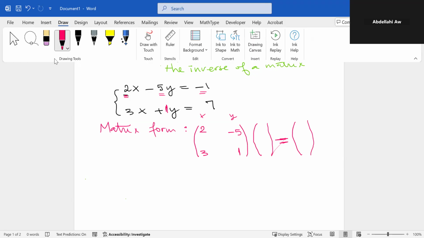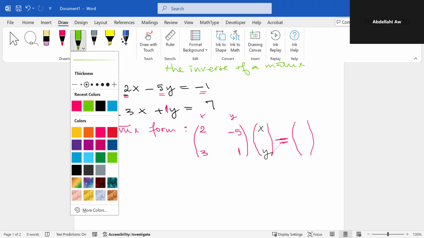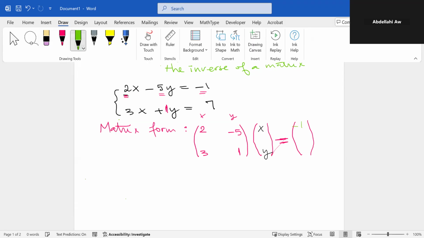That's the 2 by 2 matrix. And then the variables are x, y, of course, and then the second term will be -1, 7. Okay, and if you verify here, you see 2 times x plus -5 times y equals -1. 3 times x plus 1 times y equals 7.